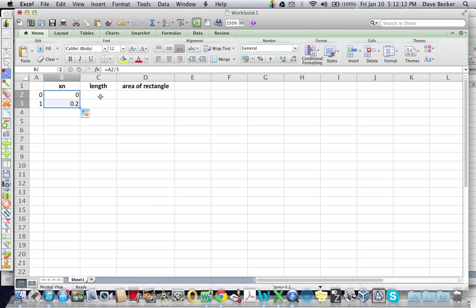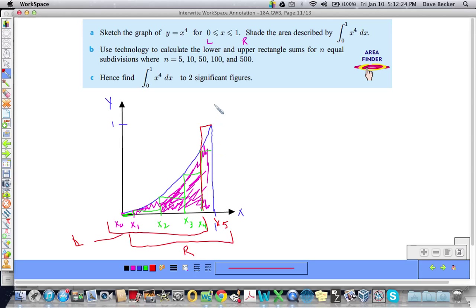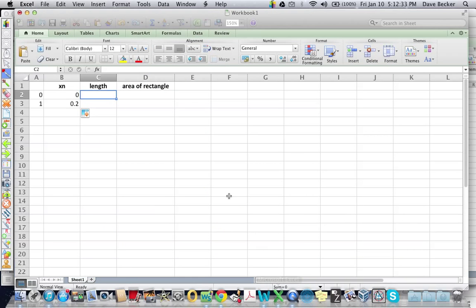The length is going to be equal to x sub n to the fourth power. If we go back to the drawing here, remember, that's going to be the height: f of x sub n gives me the height. And my function is x to the fourth power. So I'm going to say, okay, that equals my x sub n to the fourth power. And of course 0 to the fourth is 0.